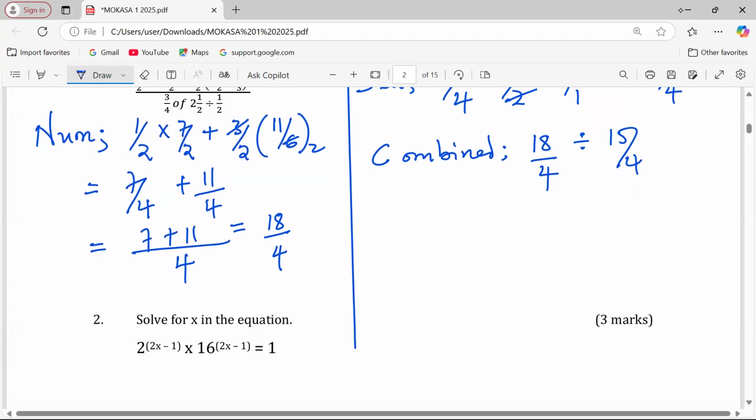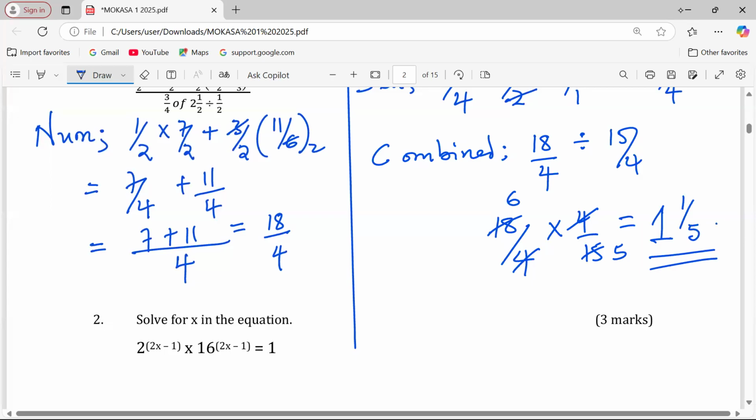Remember, in such a case we need to say 18/4 can be multiplied by 4/15. You see now, 4 cancels with this. By 3, we'll get 6, and by 3, we'll get 5. 6 out of 5 will narrow down to 1, then 1 over 5. So that is how we solve number 1.